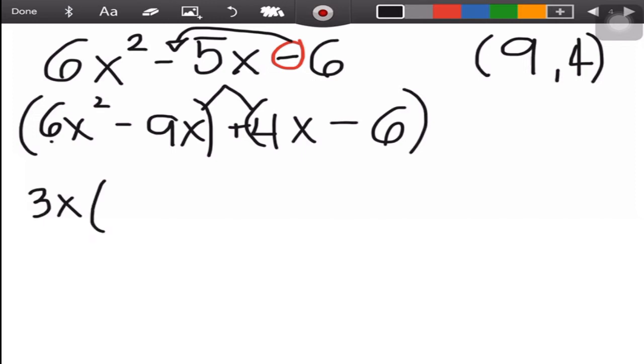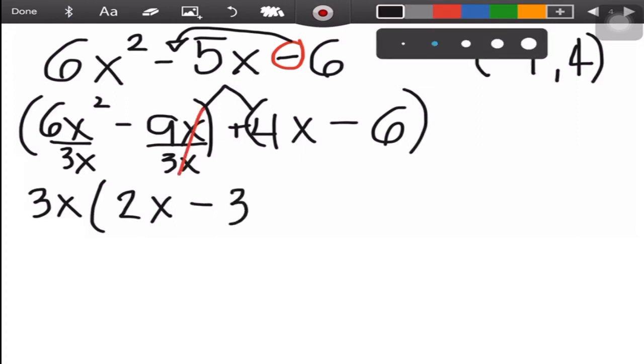And then we will divide this one by the CMF. So we have 6 divided by 3, that is 2. X squared divided by x, that is x. Subtract the exponent. Copy the sign. And then 9 divided by 3, that is 3. And then let's cancel x divided by x because it will become 1.